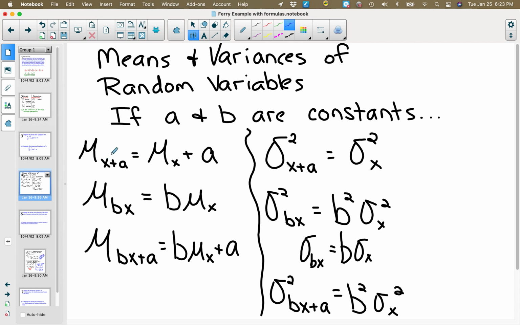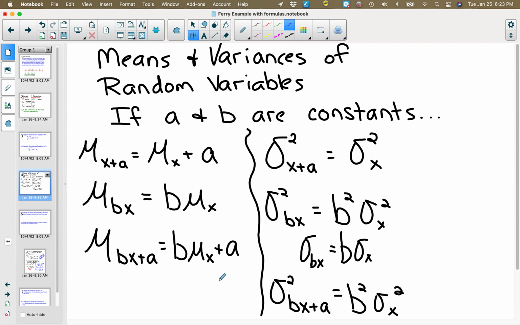Notice here it's part of the subscript. Here it's not. If we have mu sub bx, then we end up having b times mu sub x. If we have mu of bx plus a, we get b times mu sub x plus a. So these are formulas that we can use for the mean when we are combining random variables.